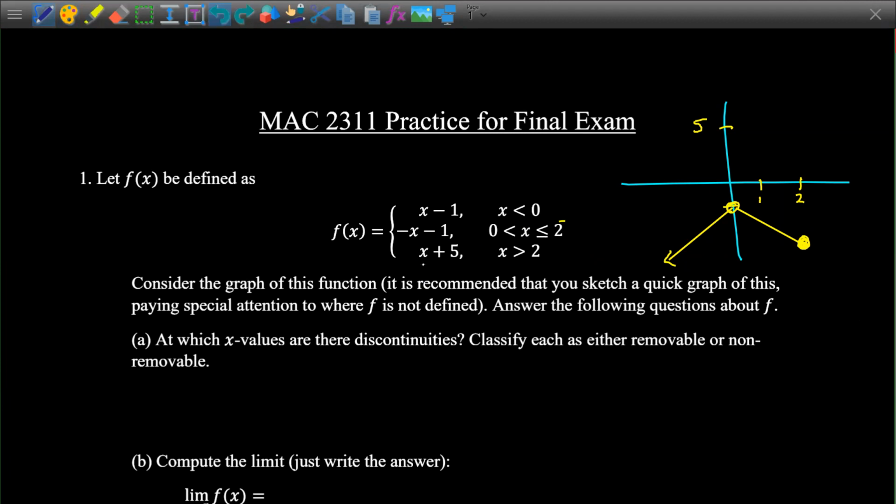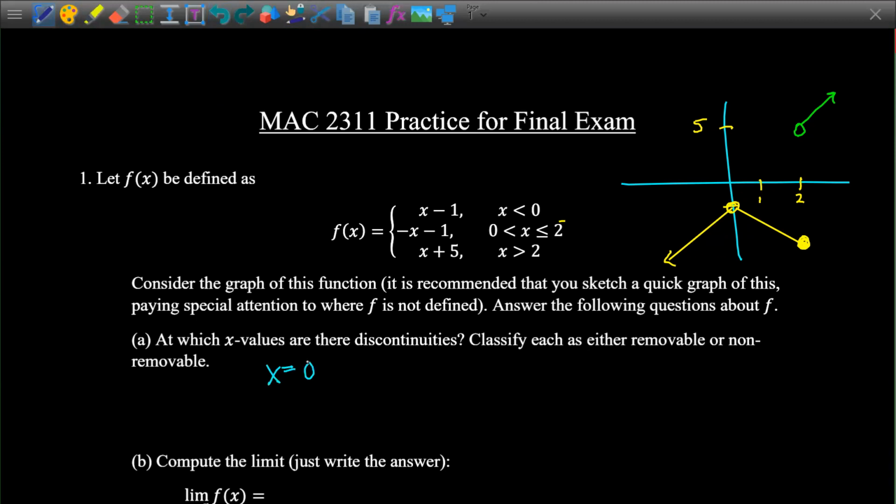and then x plus 5 for our x value greater than 2. So that y-intercept is going to be up at 5. If I were just graphing that, not taking into account that it's a piecewise function, if I were just to graph x plus 5, I've got my y-intercept.